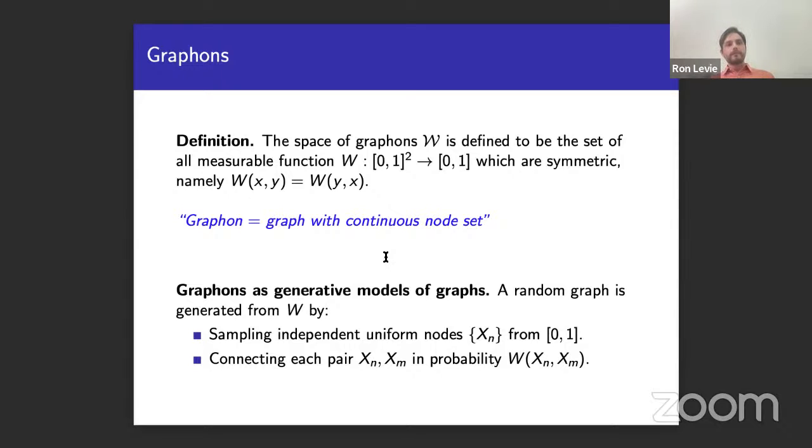Graphons can also be seen as generative models of graphs. A random graph is generated from a graphon by sampling the nodes independently and uniformly from the interval [0,1], and connecting each pair of nodes according to the probability given by the weight of the graphon, W(x_i, x_j).